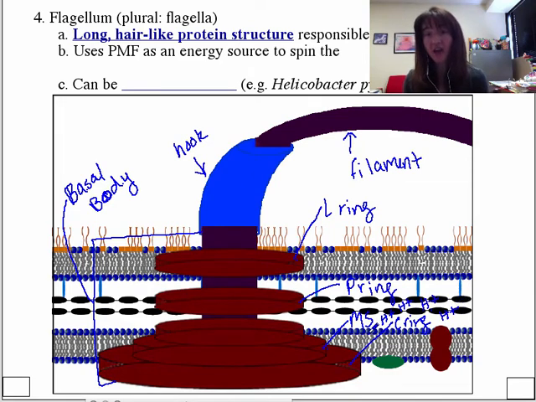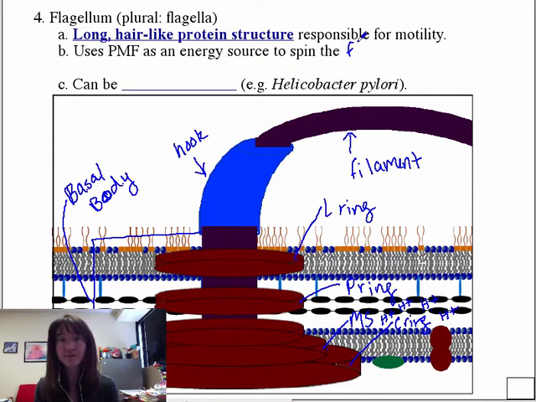And it's the hydrogen ion gradient swooshing in to proteins that span the membrane that actually gives rise to the rotation of the flagellum. So as those protons rush in, you get either the clockwise or counterclockwise motion of the flagellum. So we might collectively say then that the PMF is the energy source that's used to spin the flagella, in either a clockwise or a counterclockwise motion.